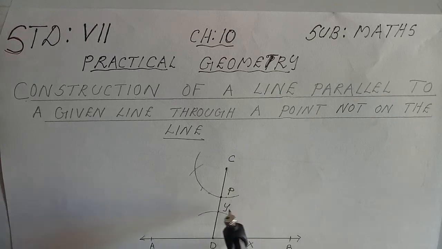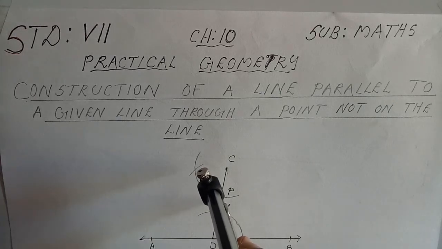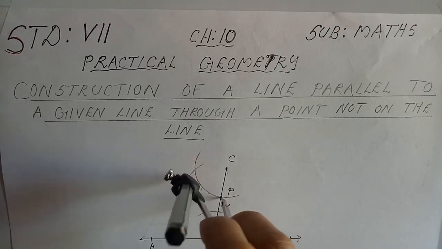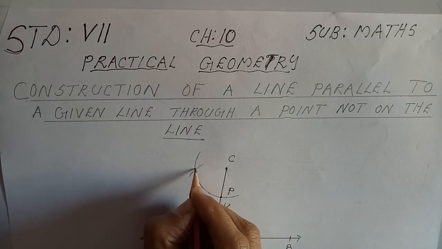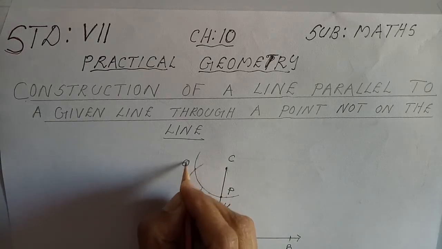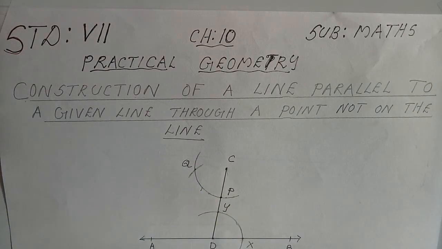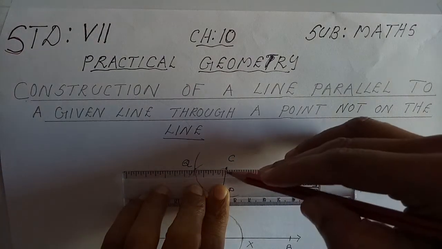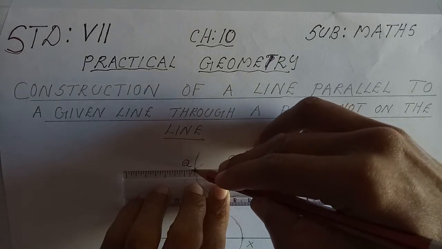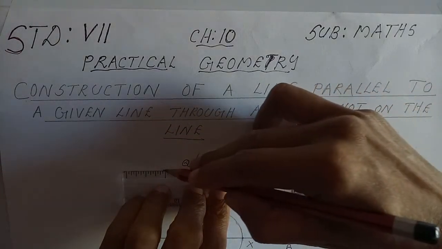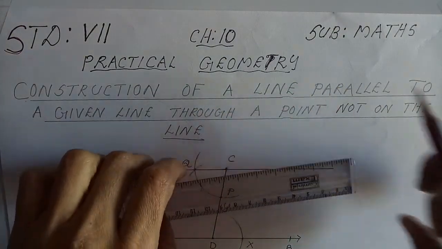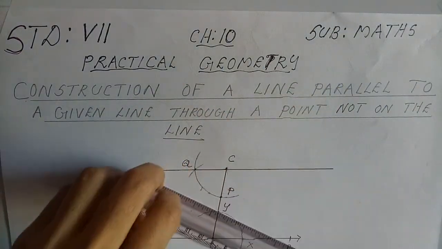So the same radius XY, keep it at the point P and draw another arc so that it can cut the previous arc at one point. And mark that point as Q. Then join this CQ, so that this line will be parallel to AB.